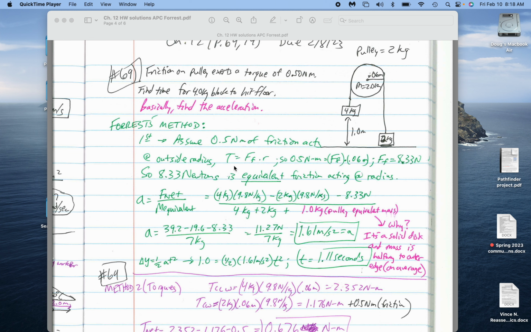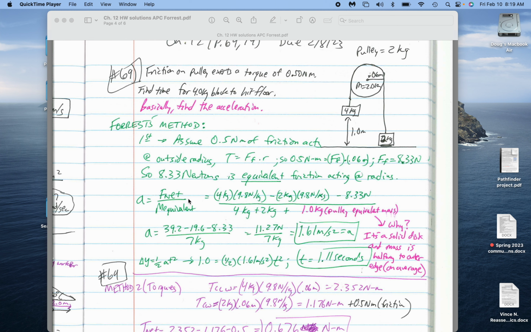If we assume that that 0.5 Newton meters acts at the outside radius, it doesn't matter if it does or not, we could say that torque is equal to force times the distance, and the radius is 0.06 meters, then that 0.5 Newton meters is the equivalent of 8.33 newtons being hung here as well, an extra 8.33 newtons. So that's the equivalent of the friction.